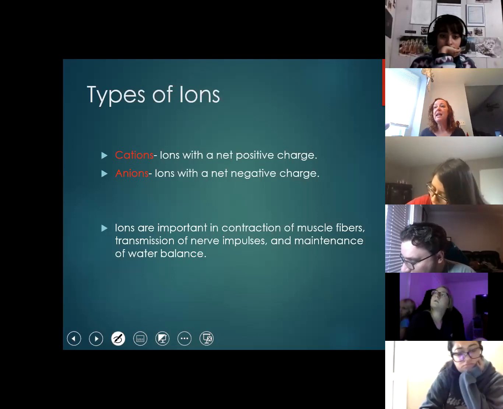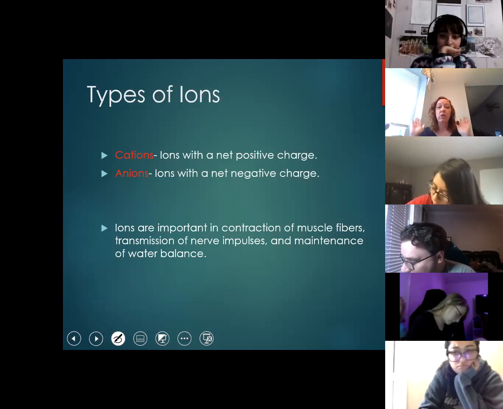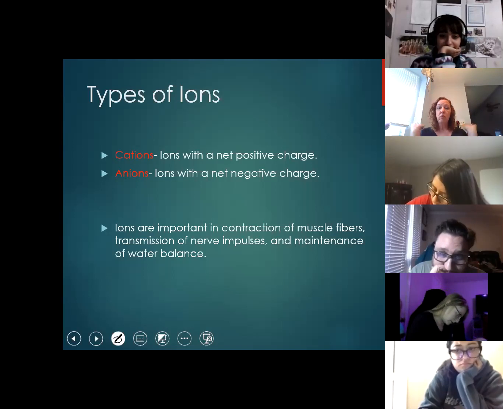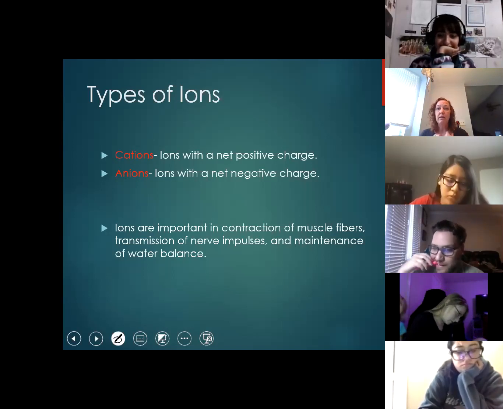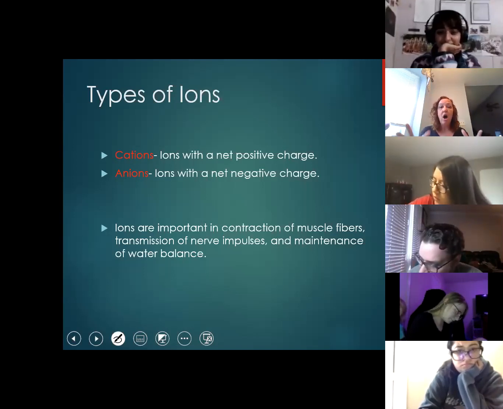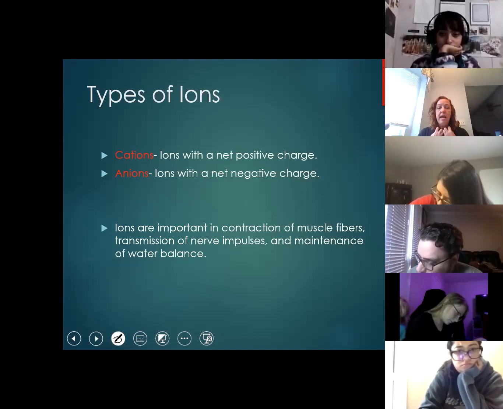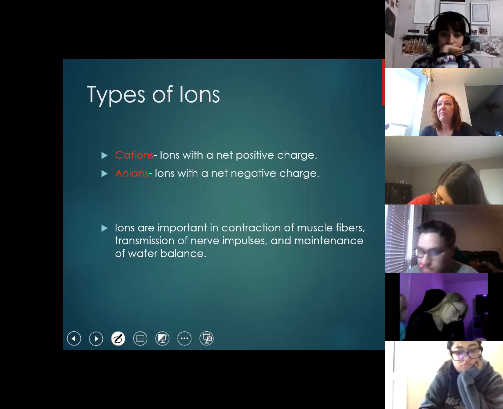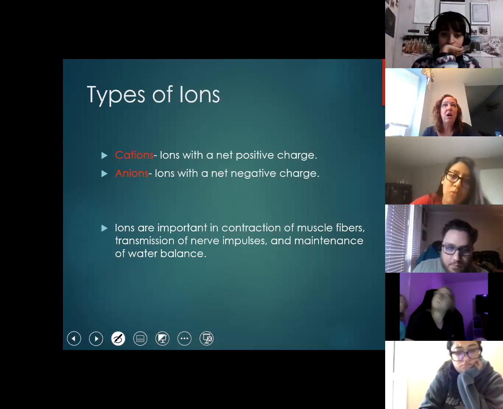So yes, Leanna, cations will have lost an electron. We get rid of negative feelings, becoming positive. Anion hangs on and collects negative feelings, and becomes negative. Oh, that is a good one, Sean.